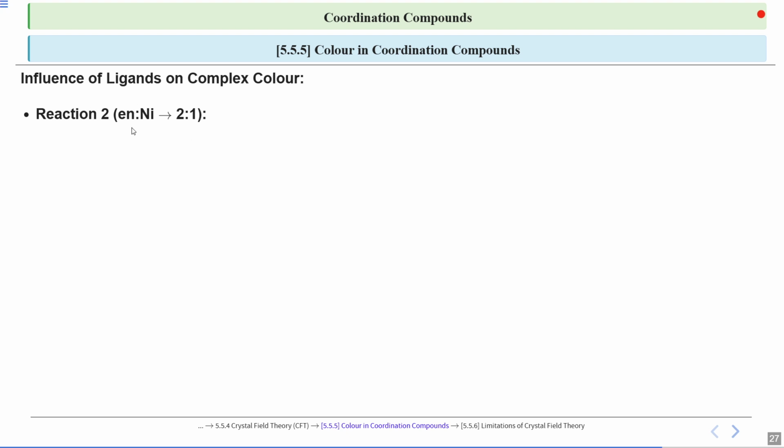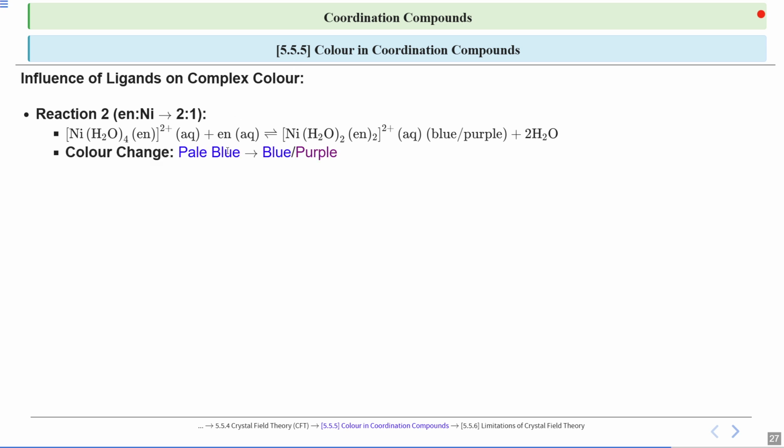Reaction 2 is when the ethane 1,2 diamine to nickel ratio is 2:1. You take the complex already made in the 1:1 reaction, then add one more ethane 1,2 diamine. The complex formed is Ni(H2O)2(en)2, which is blue or purple in color, and two water molecules come out of the complex.